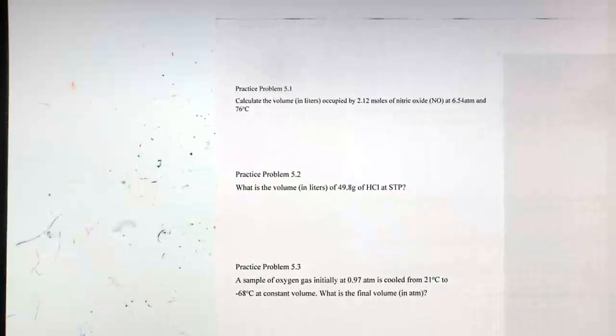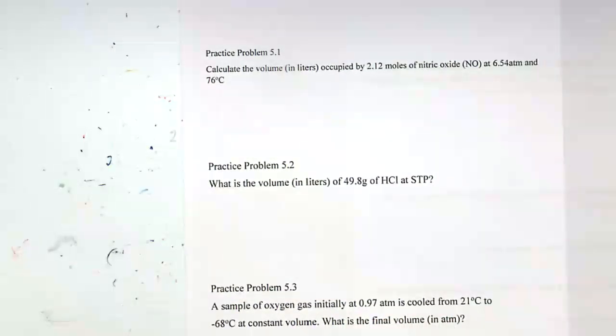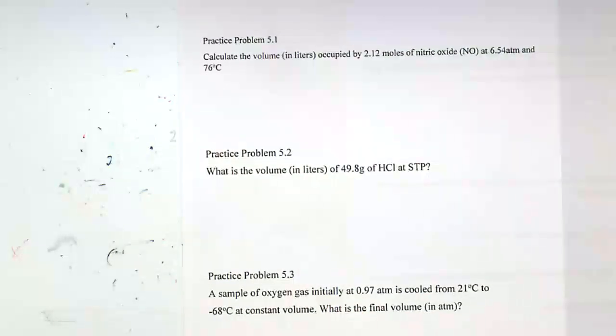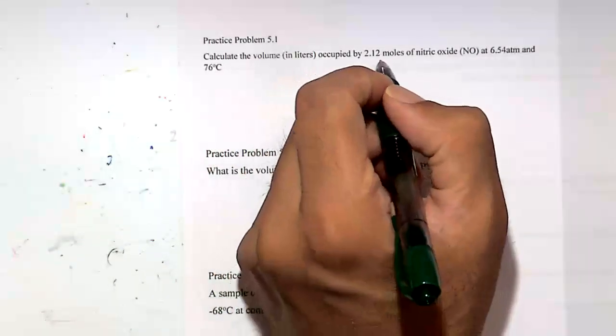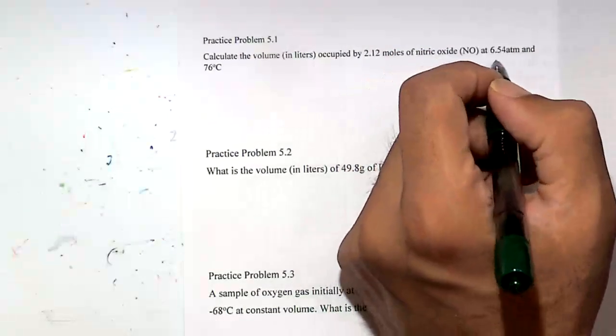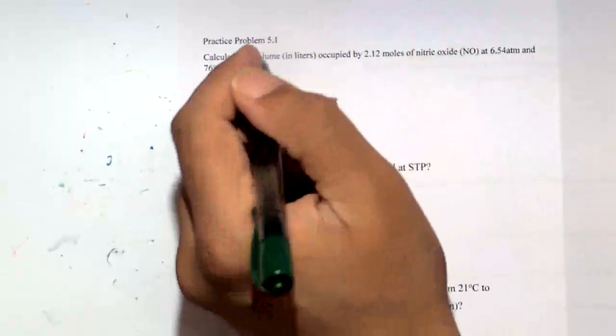All right, let's do some practice problems here. Calculate the volume in liters occupied by 2.12 moles of nitric oxide at 6.54 atmospheres and 76 degrees C. So now we'll do some problems together.